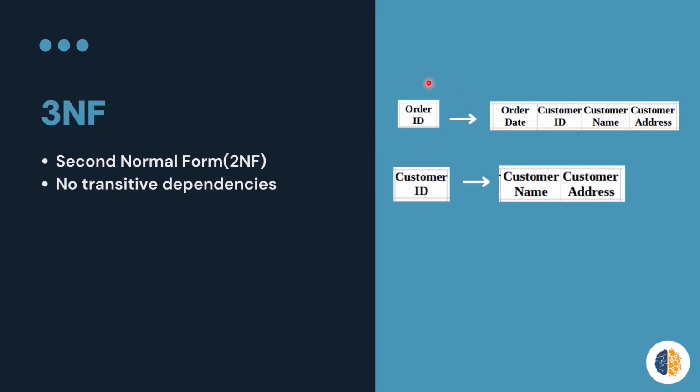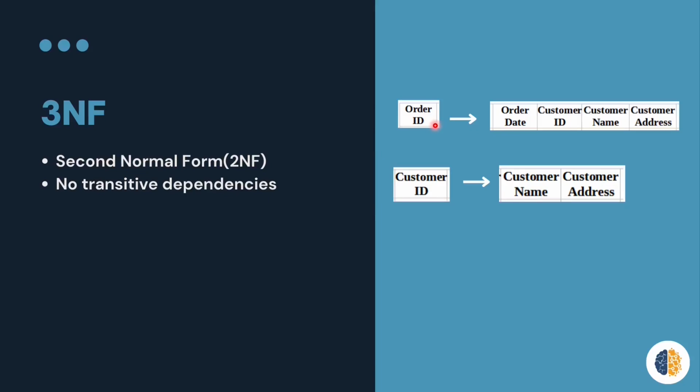As you can see here, customer ID is not a member of the primary key. Since customer name and customer address are dependent on customer ID, and the customer ID is dependent on order ID, by transitivity, customer name and customer address are dependent on order ID.